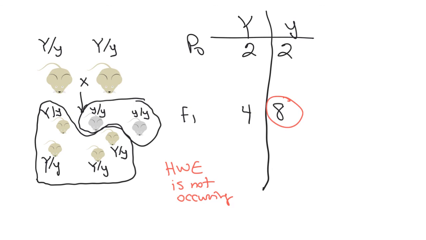And if one genotype's missing, that genotype might participate in lethality. If that genotype's not missing, but it's just underrepresented, if there are fewer of that genotype than expected, that could still be an indication that that allele participates in some sort of non-lethal incompatibility. And that's what we're going to be looking for.